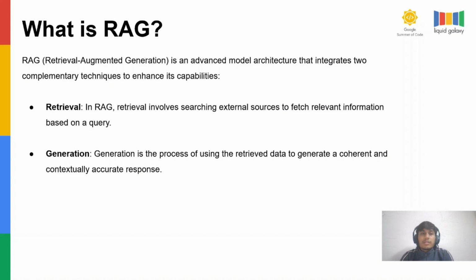So, in simple words, let us say you have a question, right? And you give it to the AI model and it doesn't have any information beforehand to answer it.